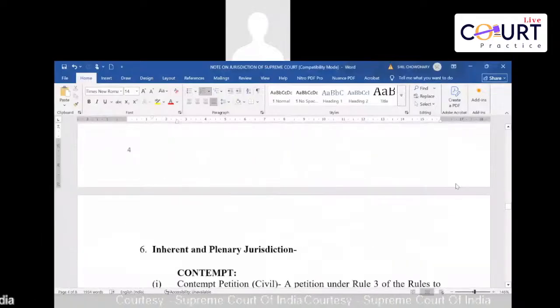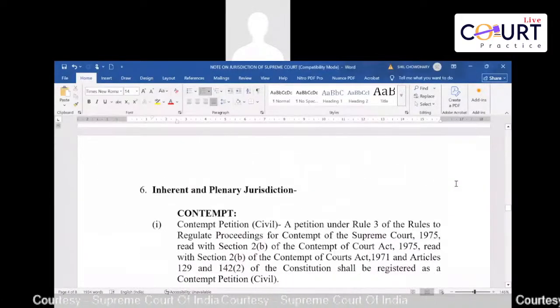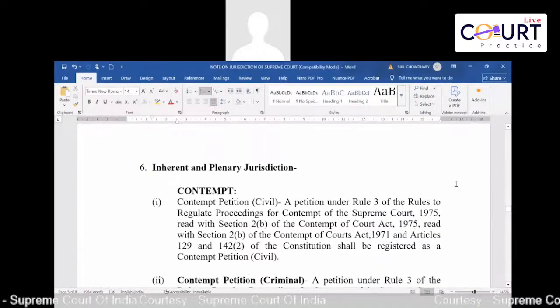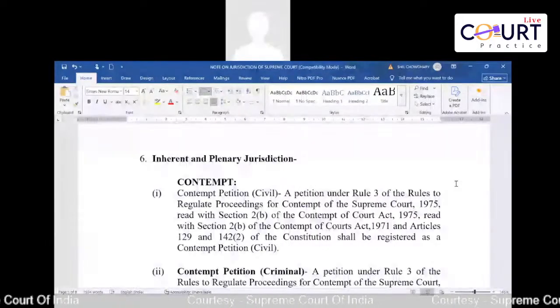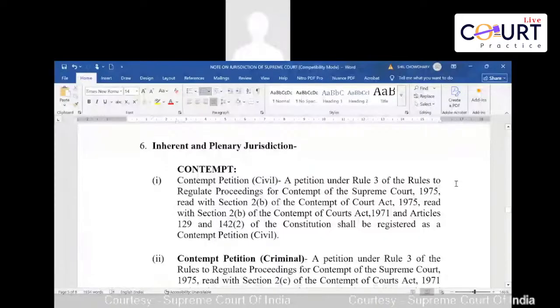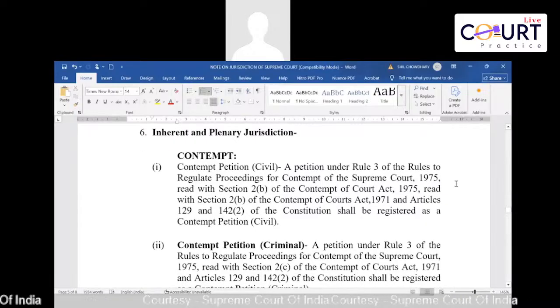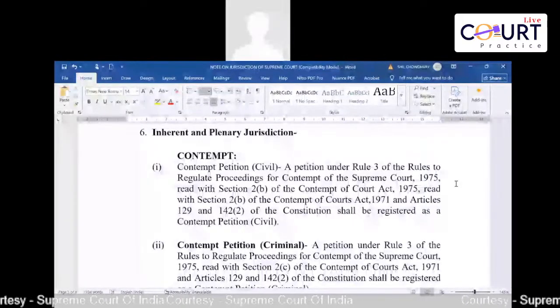Now, let us see the last part of the jurisdiction, which is inherent and plenary jurisdiction. The inherent jurisdiction would involve contempt petitions. We have categorized contempt petitions into civil and criminal. A petition under Rule 3 of the Rules to Regulate Proceedings for Contempt of Supreme Court, 1975, read with Section 2(b), which is civil contempt under the Contempt of Courts Act, read with Articles 129 and 142 of the Constitution, shall be registered as a contempt petition (civil).